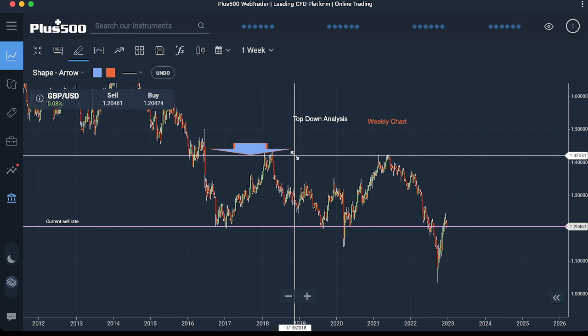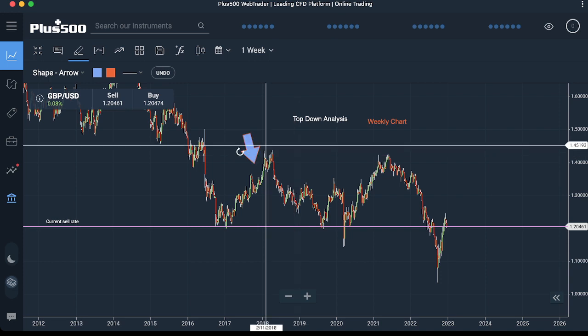So as I said, the direction of the market is to the downside. As you can see here, we have the point in the chart after which it is going to the downside.